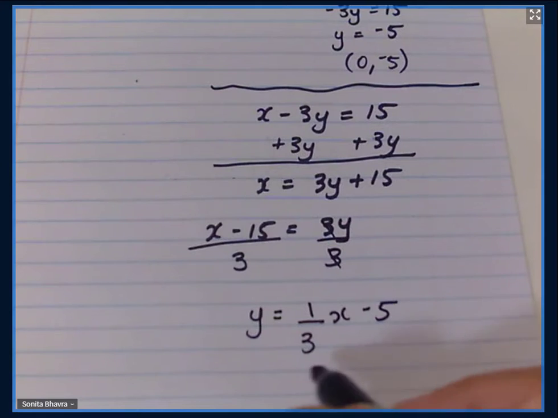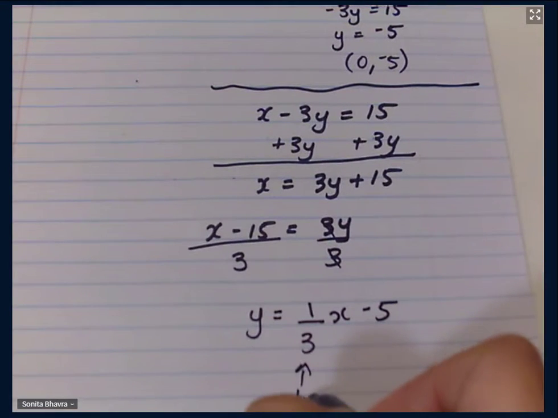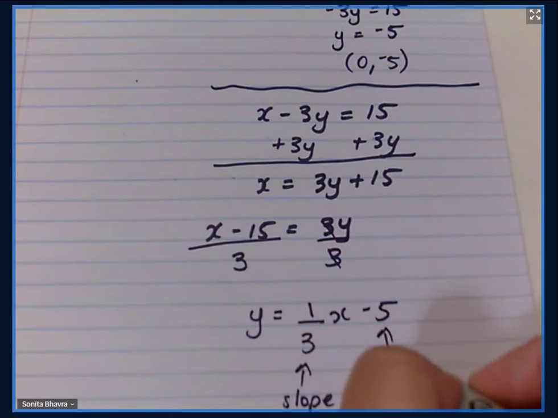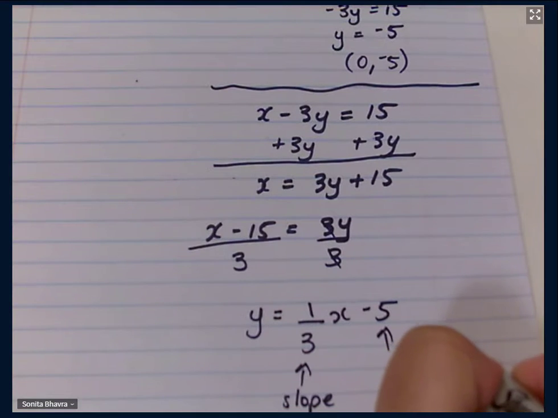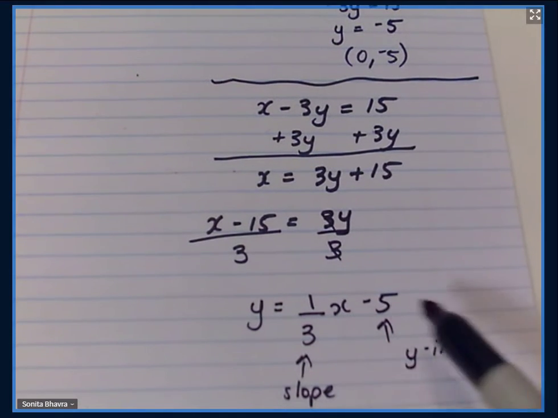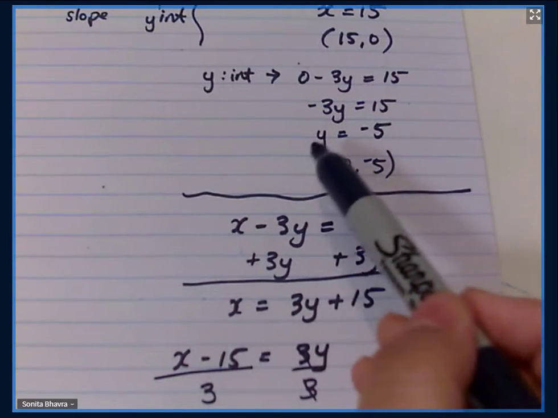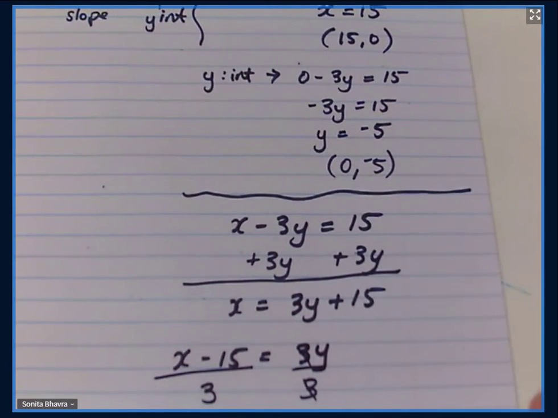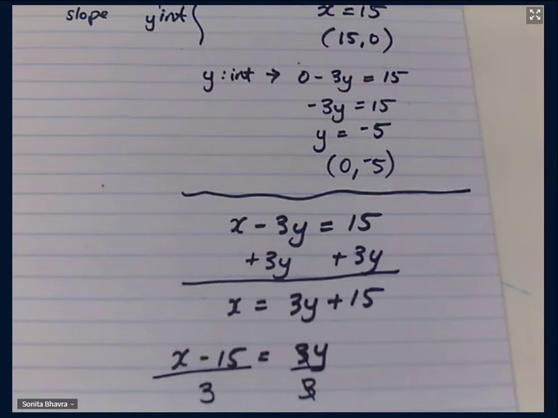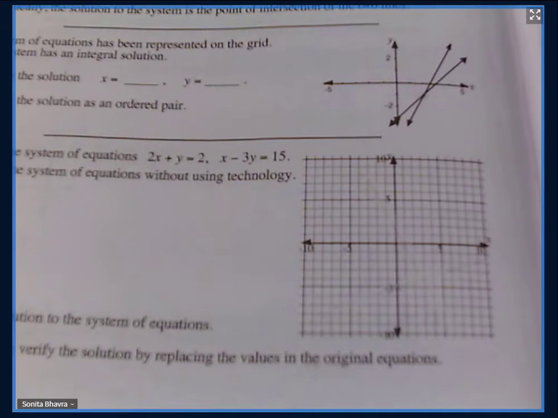All right, so now I have my slope, and I have my y-intercept. And notice that the y-intercept is -5, which is also the y-intercept that we had found here, 0, -5. All right, so I'm just going to plot the first line. So our first line was -2x plus 2.